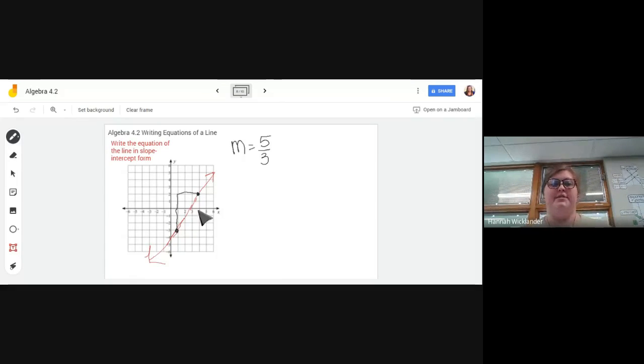And my y-intercept is where it crosses the y-axis. So it crosses the y-axis at -4. And then I just take these and plug them into my equation. So y equals 5/3 x minus 4.